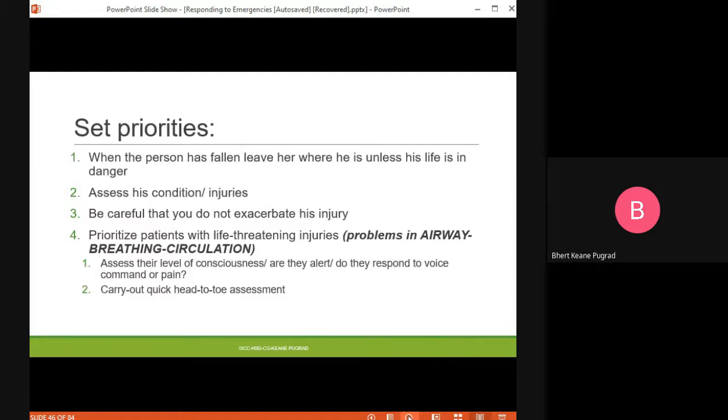Okay? In setting priorities, first, you need to consider the following. Number one, when the person has fallen, leave him where he is, unless his life is in danger. Like for example, merong pasyente tumalon from the fifth floor of the building. Okay? Tapos andun na siya sa floor.